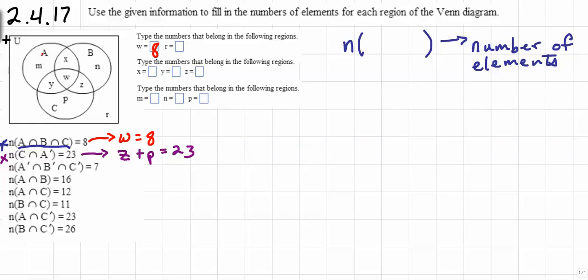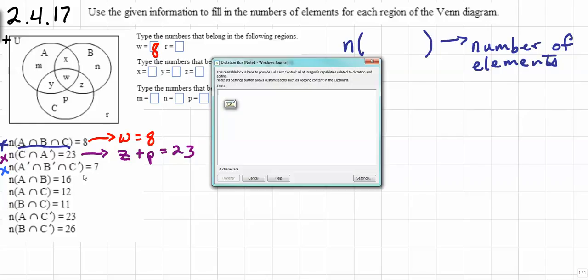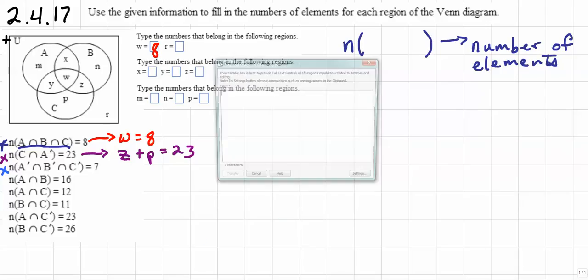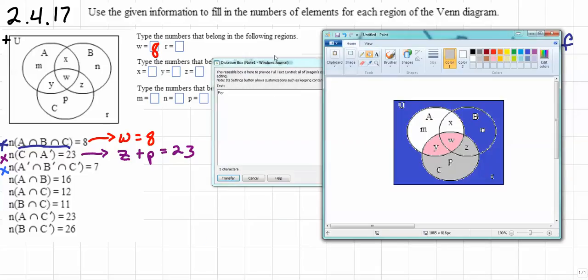And then we're going to look at the next one, which is going to be the number for the intersection of A prime, B prime, and C prime. So we need to understand where A prime is, B prime is, and C prime.